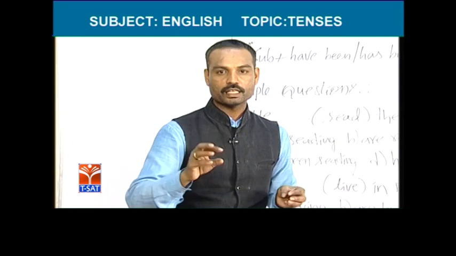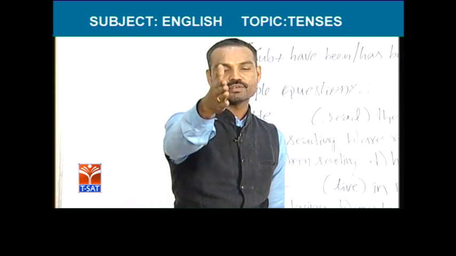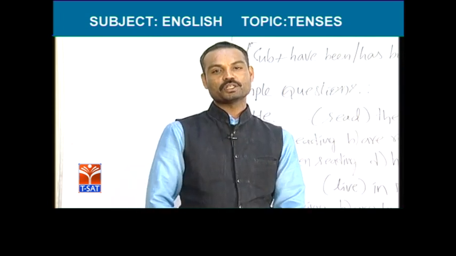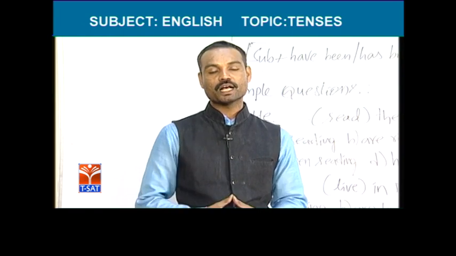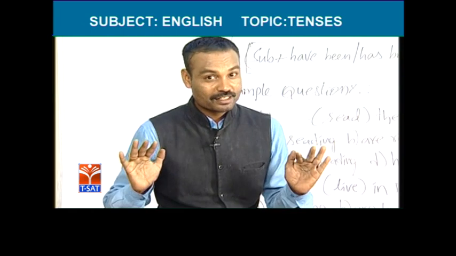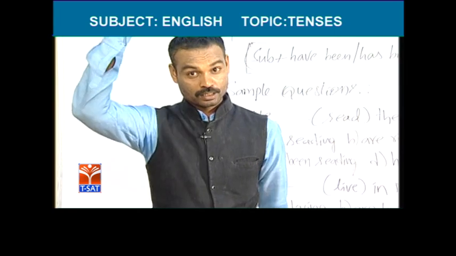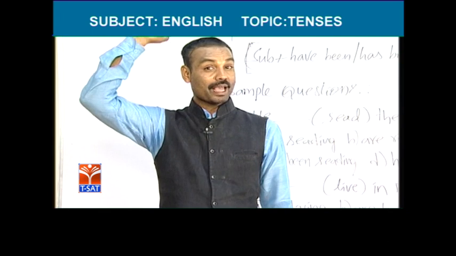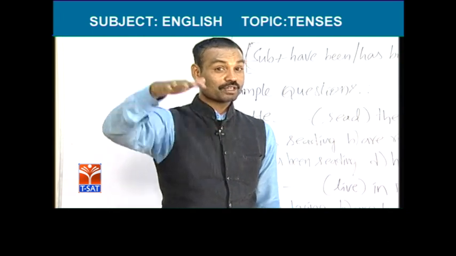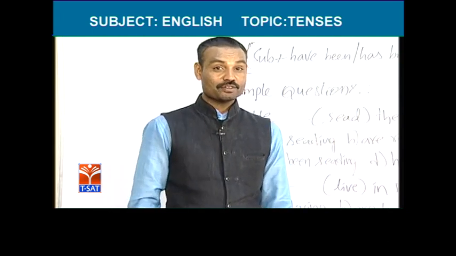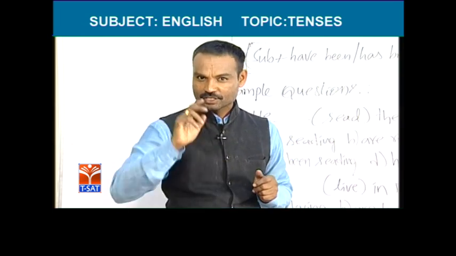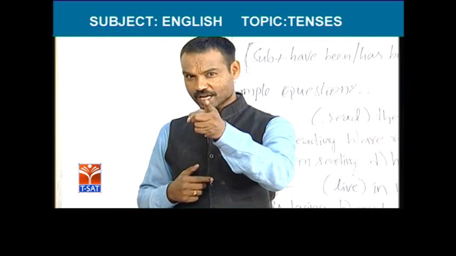Whatever you completed yesterday, 2 days ago, day before yesterday, last week, last month or last year, whatever you completed in the past, to tell all your past completed works, we should use simple past. Some innocent students think simple past means use this tense to tell very long back completed works, the things completed in 1947, or about 100 years ago. Who told you that past means 1947? Did anybody tell you that past means 100 years ago?